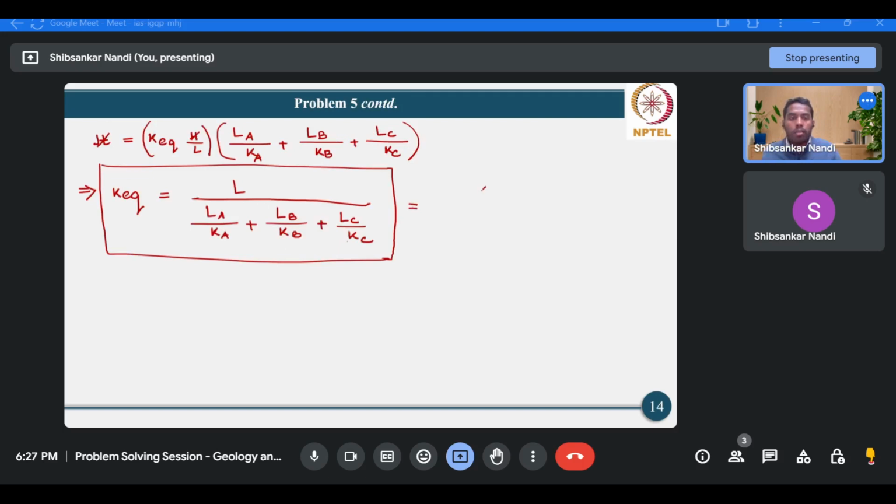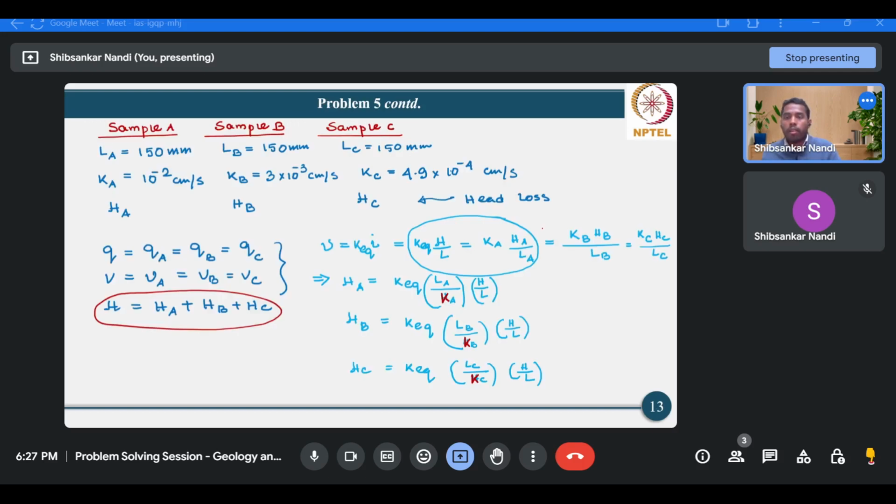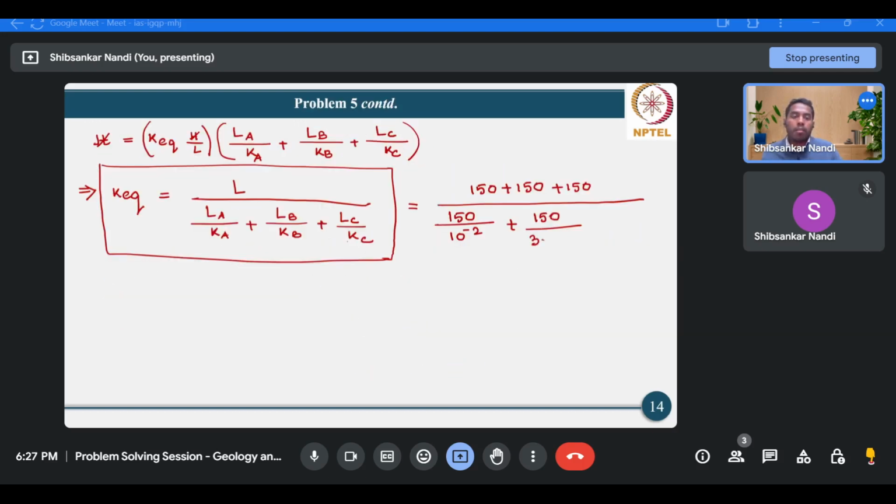So L is 150 plus 150 plus 150. So this is the total length, and these are the individual lengths, 150 by 10 to the power minus 2 plus 150 by 3 into 10 to the power minus 3 plus 150 by 4.9 into 10 to the power minus 4.